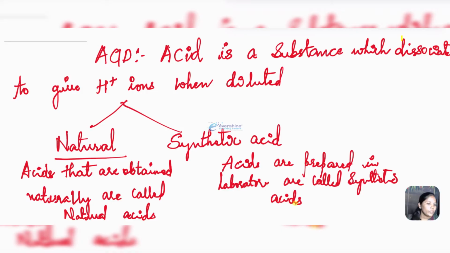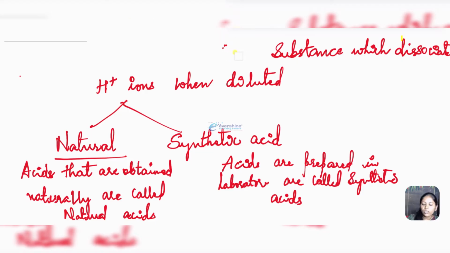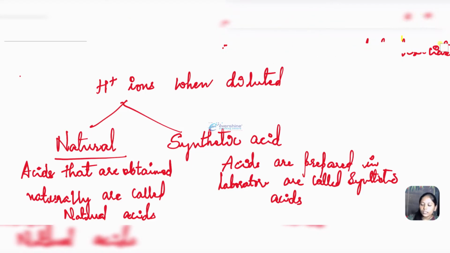Got it? So acid is a substance which gives H plus ions. What ions do acids contain in common? Yes, in common they contain H plus ions.